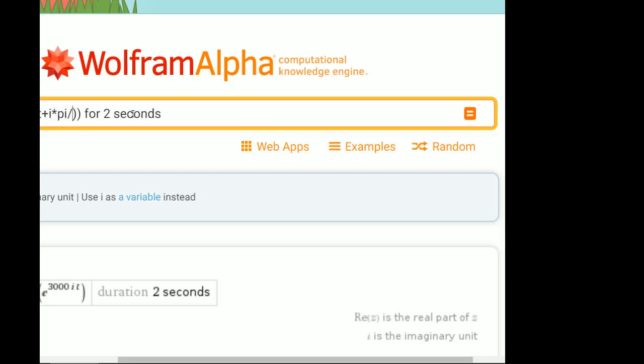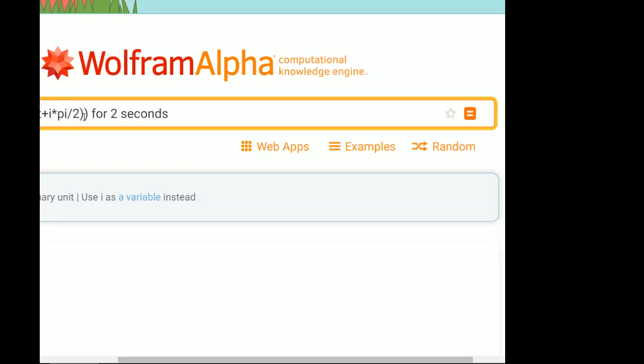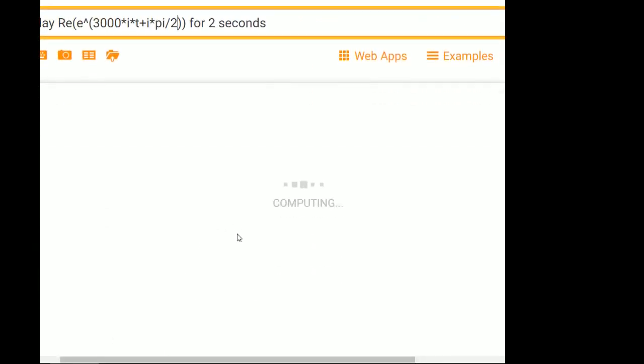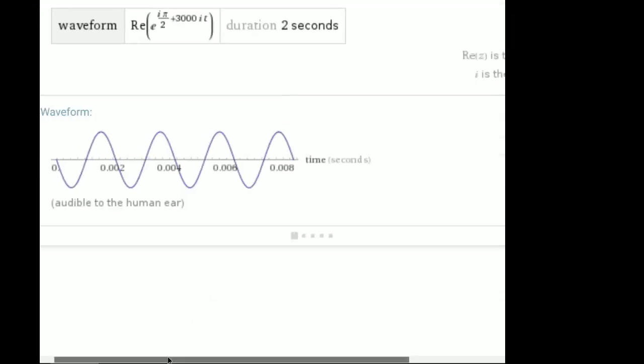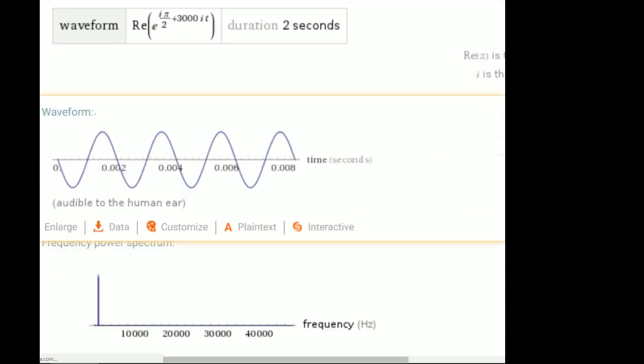So pi over 2 will change the cosine to a minus sine. So it will just change the phase. Okay, so you can see that it's back to a minus sine.